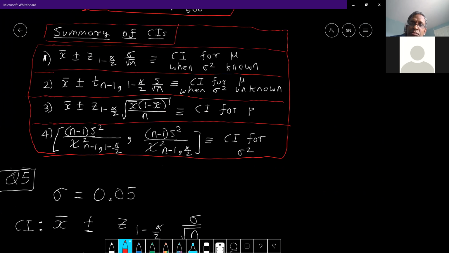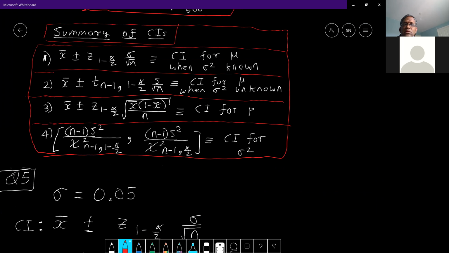So the confidence interval for sigma squared: the lower limit is n minus 1 s squared divided by the chi-squared percentile. The upper limit is n minus 1 s squared divided by the chi-squared percentile. I talked about these 4 formulas in the lectures before the lockdown, in the lecture halls.